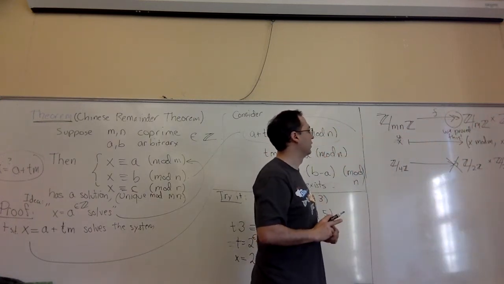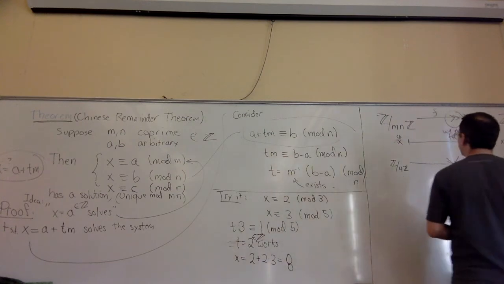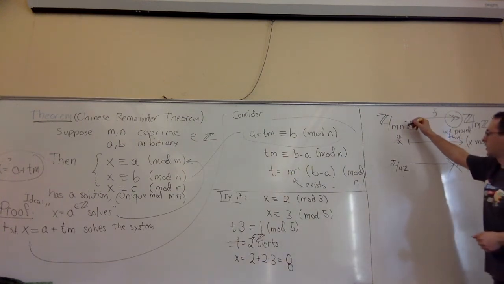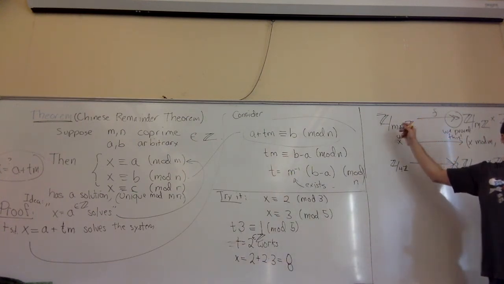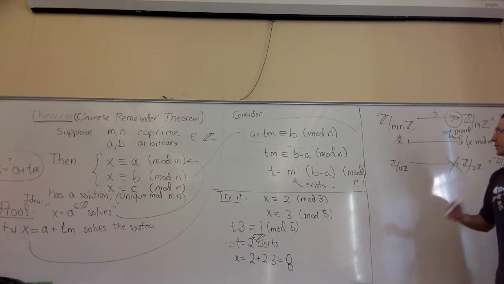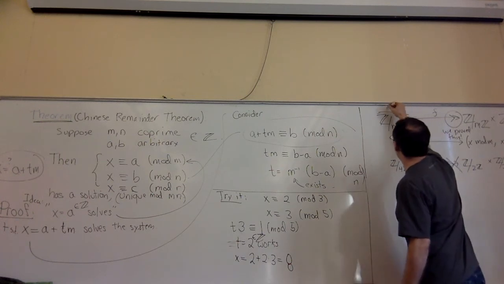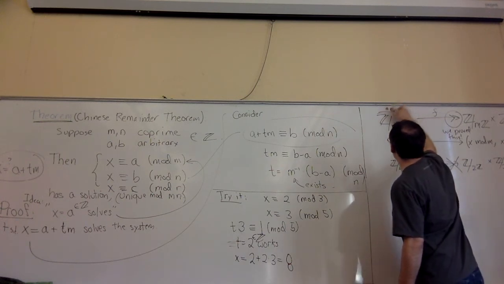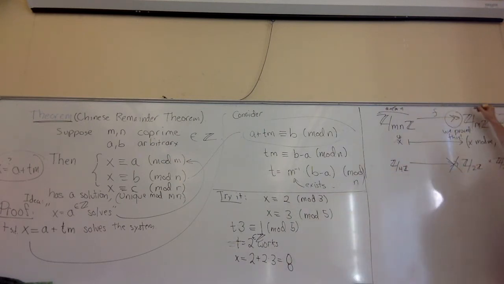Okay, so that's surjective. By the way, how many elements are there in Z mod mnZ? m times n. Pretty easy. So this set has cardinality m times n. And the cardinality of Z mod mZ is by the same argument m, and this one's n. So in fact, this is a surjective map of finite sets.